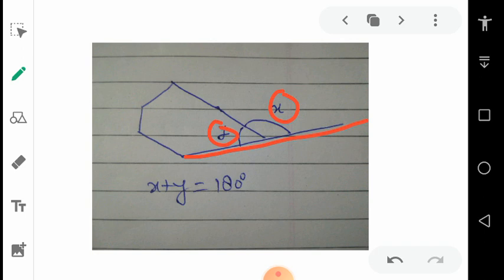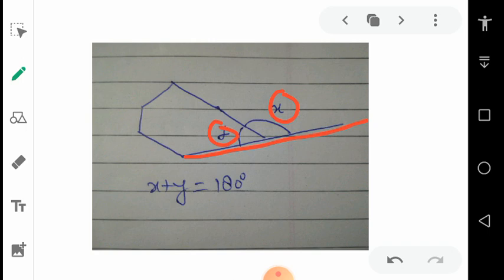So when you construct an exterior angle, you have an interior angle that makes a pair with it, and both are a linear pair, and the sum of both angles is 180 degrees. If the sum of two adjacent angles is 180 degrees, that is a straight angle, then they are called a linear pair. It means if you know the value of an exterior angle, you can find its interior angle, and conversely, if you know the interior angle, you can find the exterior angle.